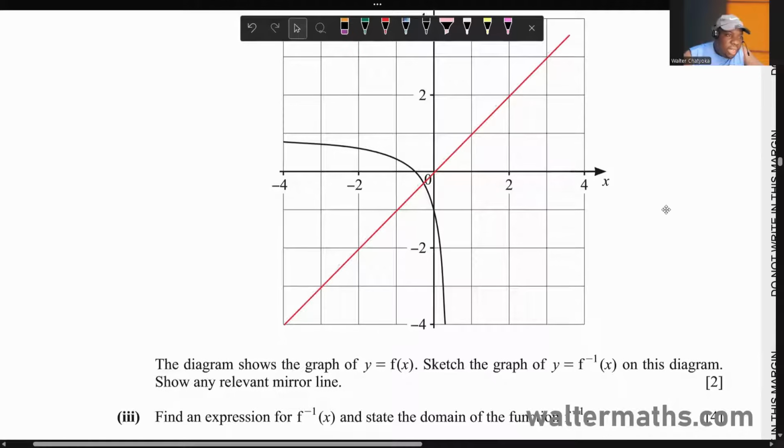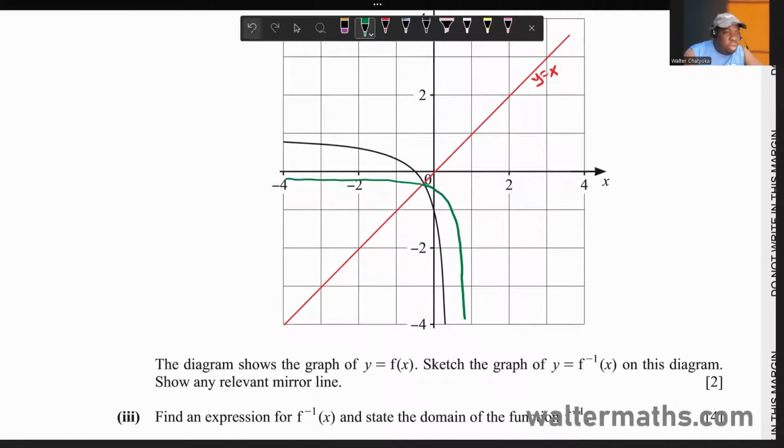This line here would be the line y equals x. So we have to reflect the original graph in this line. Reflecting this line segment, we should get something like this, and reflecting the other line segment would come out like this.